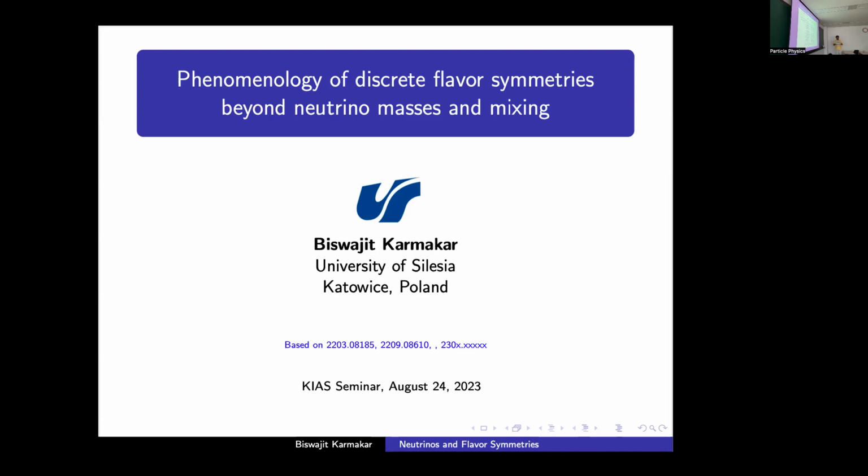Obviously, there will be some models which do not satisfy these exact sum rules. Maybe they can obey some approximated sum rule, but nevertheless, if any model predicts this kind of exact sum rules, it can also be studied in the context of the neutrinoless double beta decay, because this sum rule will have some definite prediction for the neutrinoless double beta decay.